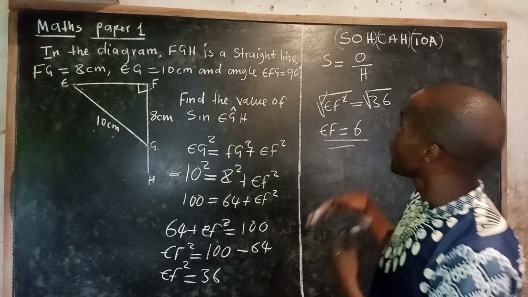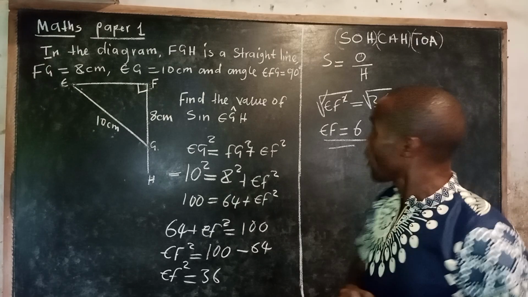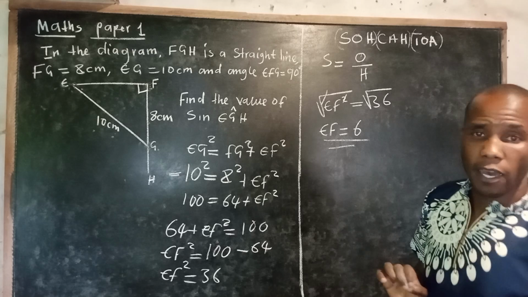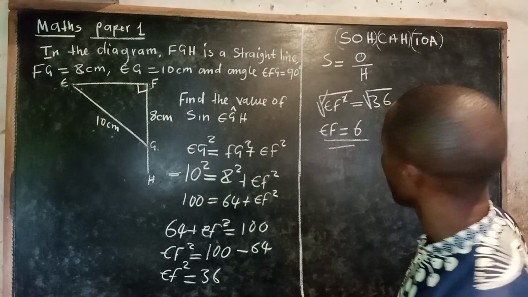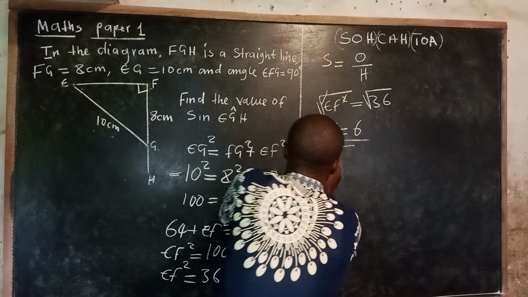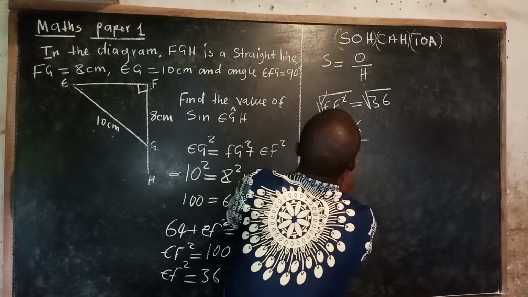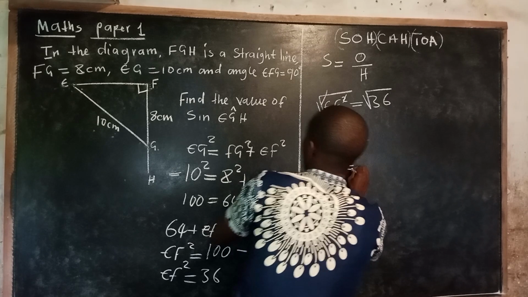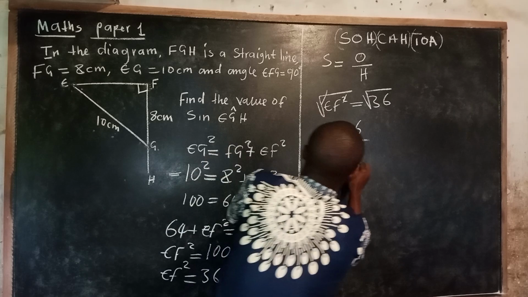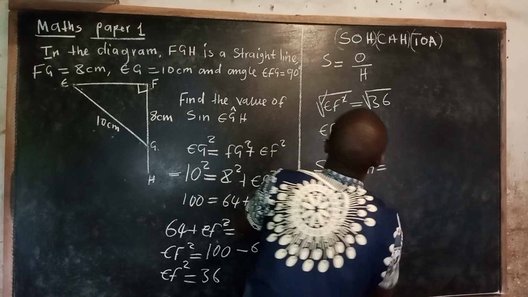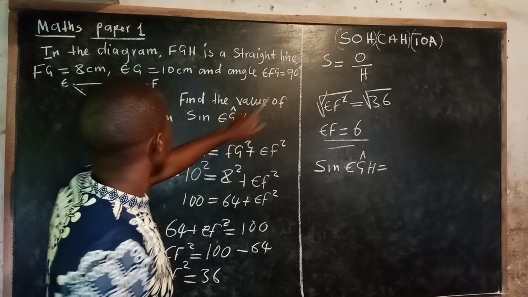It's sine EGH. So now we get back to SOHCAHTOA, the trigonometric ratios. Sine EGH is equal to, what is our opposite?